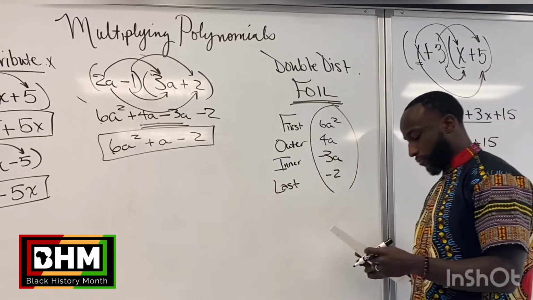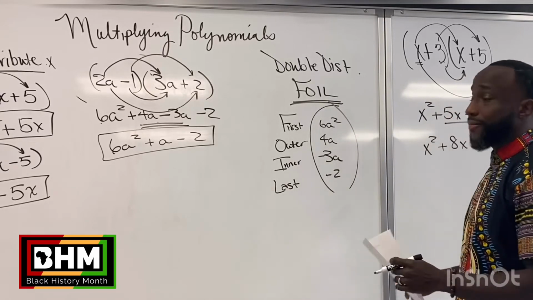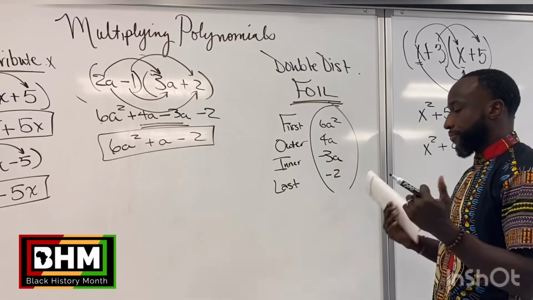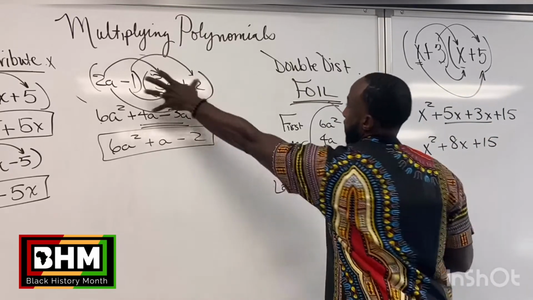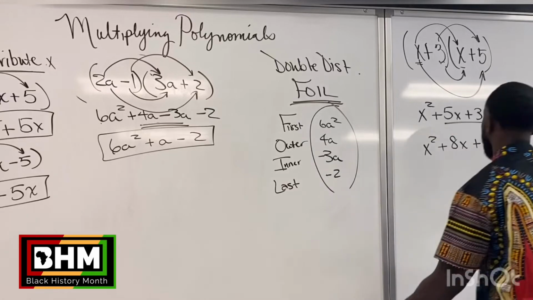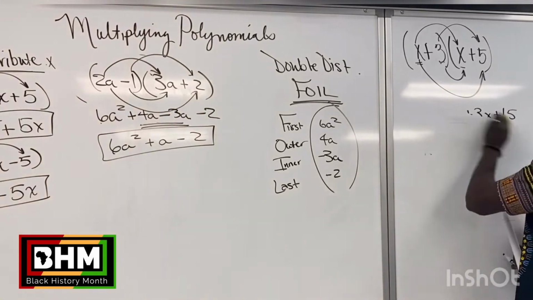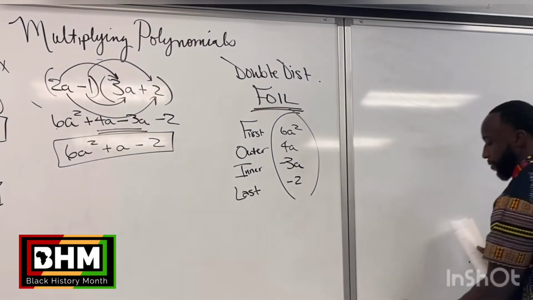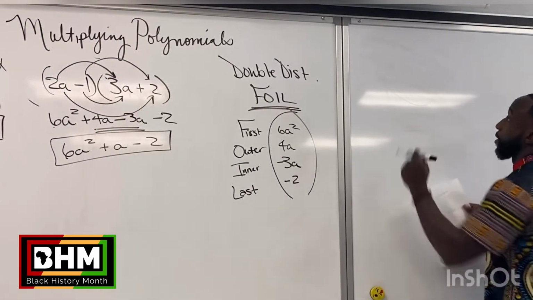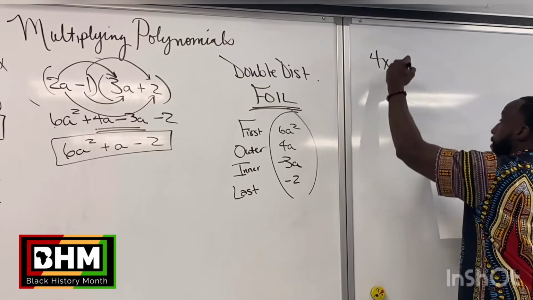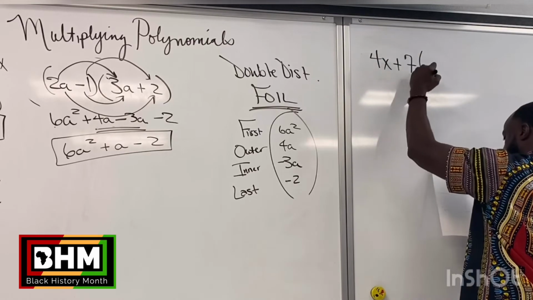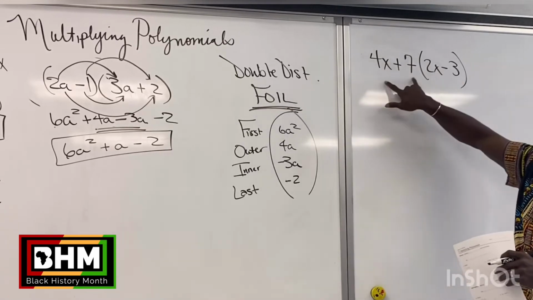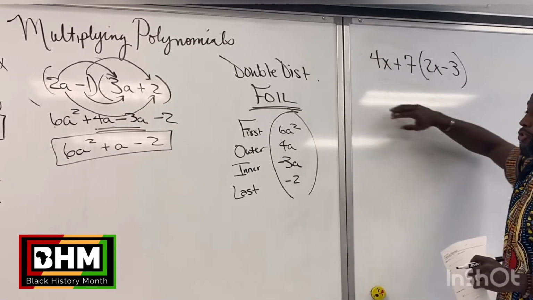What if you have an expression that doesn't quite look like this or like that? Let's see. It's your last example, and I'll leave you alone. If I have 4x plus 7 times the quantity 2x minus 3, in this situation the first part is not in parentheses, so you're not double distributing.